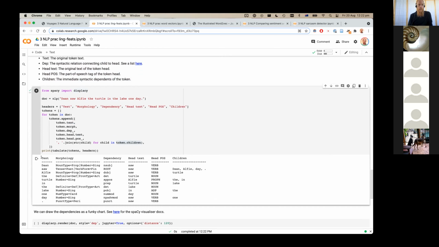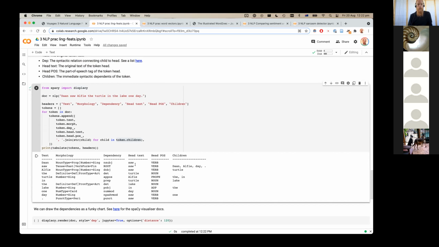So the text column, same as we've seen before. This is new information here, the morphology. So this gives us a breakdown of the morphology of the words. Past tense, singular. And we have this dependency information again. The head text column tells us what the dependency from each word is to other words in the sentence.